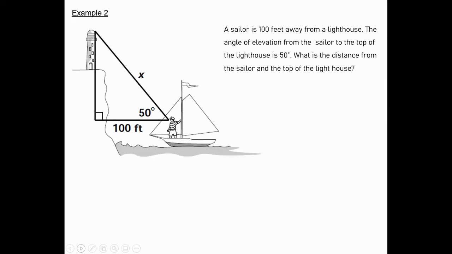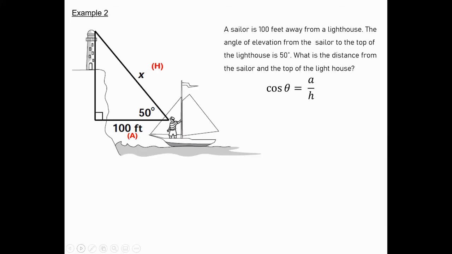Here's the sailor, he's looking at his lighthouse at a 50 degree angle. So we want to know the distance from the sailor to the top of the lighthouse. That means we're looking for the hypotenuse. Which formula uses adjacent and hypotenuse? We're a little too quick on the mouse button. I'm trying to get through this before we have to say goodbye.